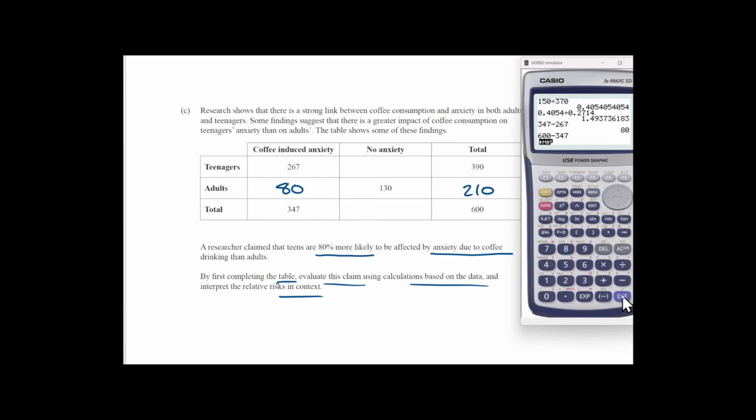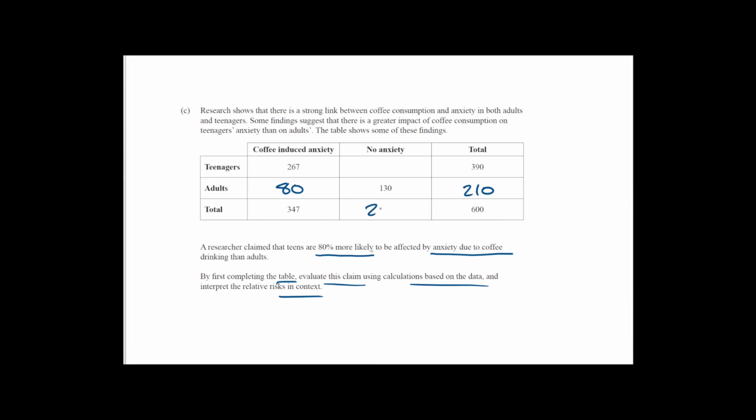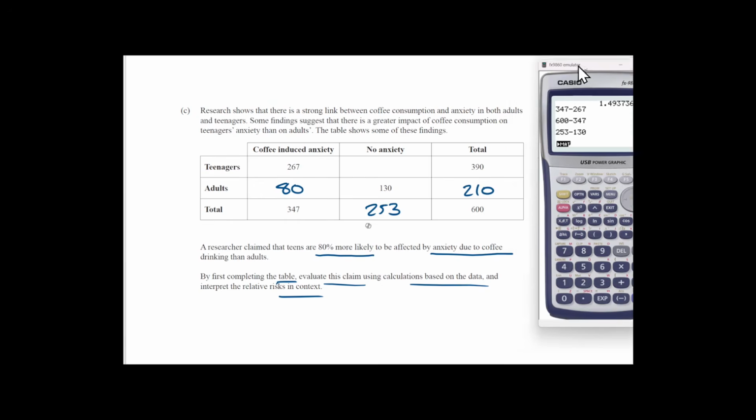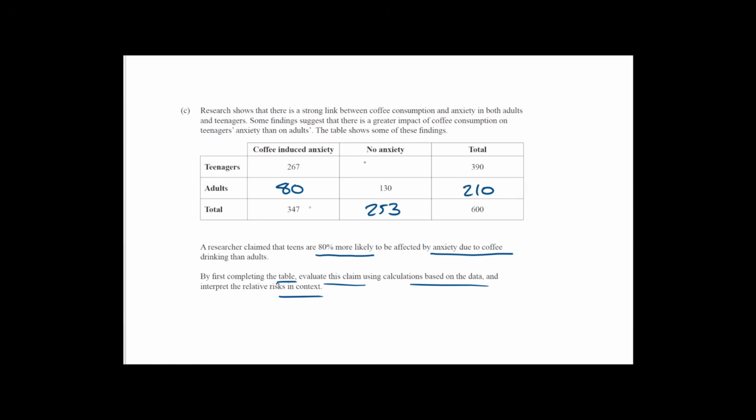Why they do this, I don't know. 253. That is kind of childish, these questions. And 253 minus 130 is 123. I don't know what that accomplishes, it's not really that amazing.